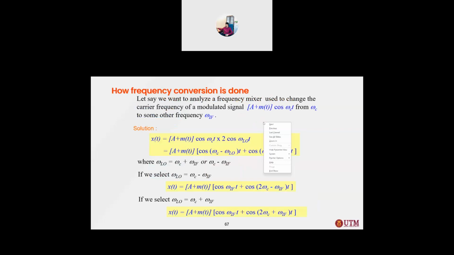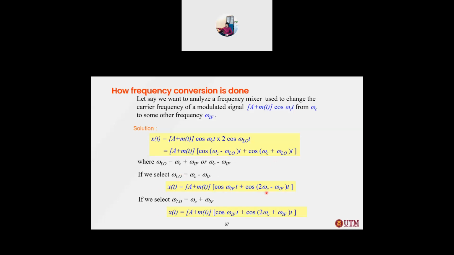So this is the frequency conversion we went through last week. This is the local oscillator. We can have carrier minus intermediate frequency, or carrier plus intermediate frequency. You can have either one, and depending on your selection, you will have a different resulting equation.